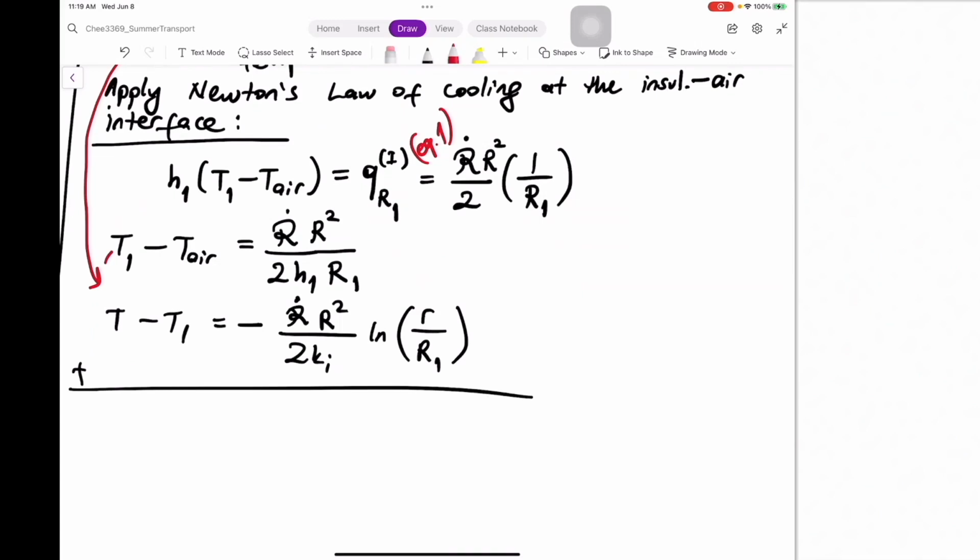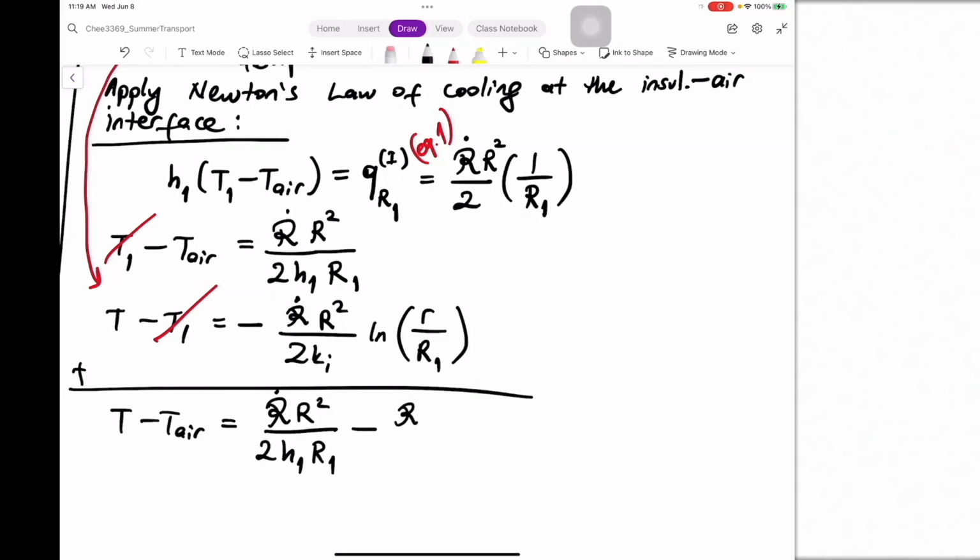So you can have T minus T air is equal to capital fancy R R square over 2H1 R1 minus fancy R dot R square over 2KI ln R over R1.